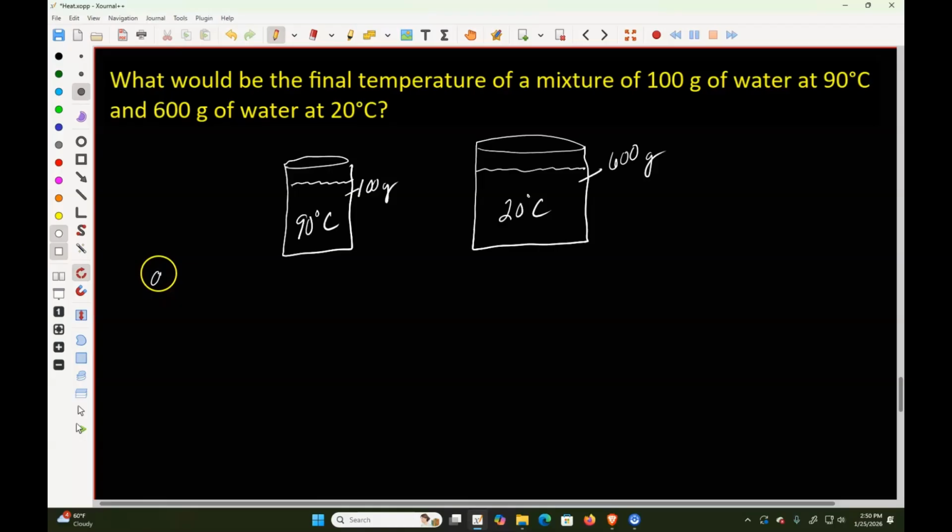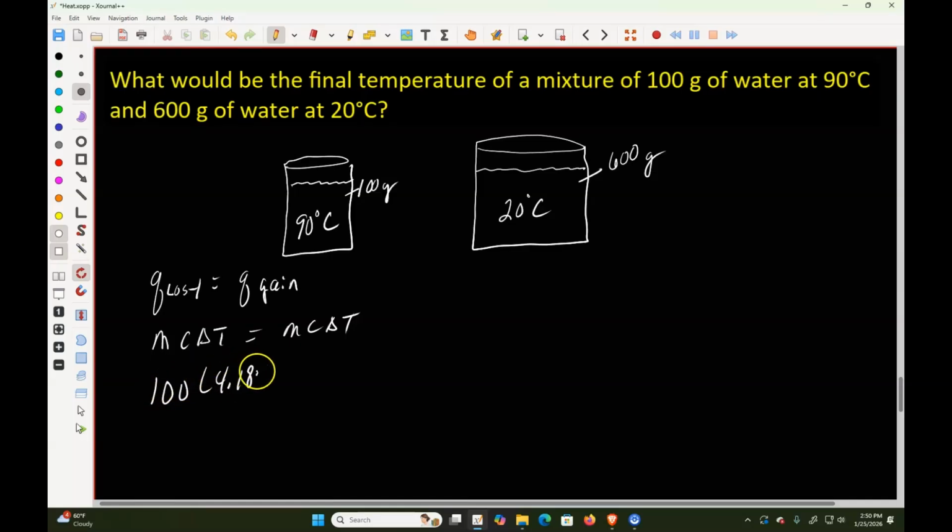Again, we have Q lost equals Q gained. So both of these are going to be an mcΔT equals mcΔT. The mass lost will be the hot water, so it'll be 100 times 4.184 times the temperature.